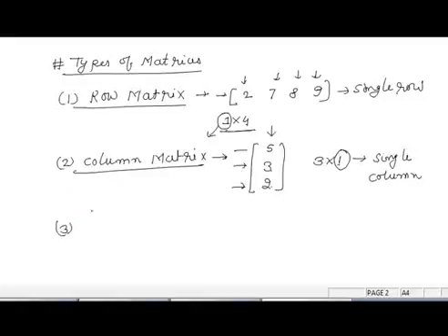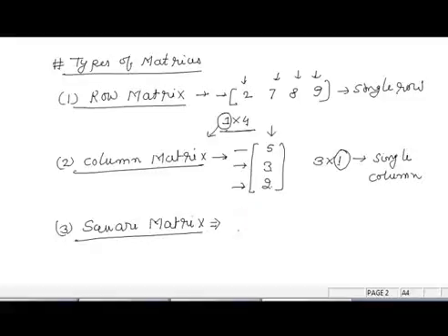The next type of matrix is the square matrix. As the name suggests, square means the length and the width are equal.